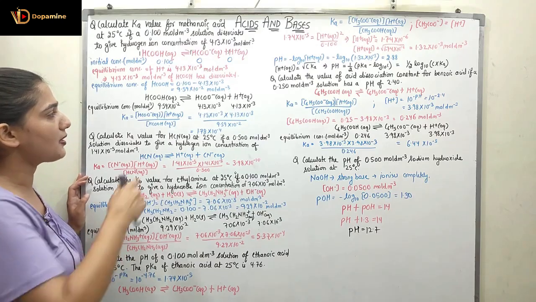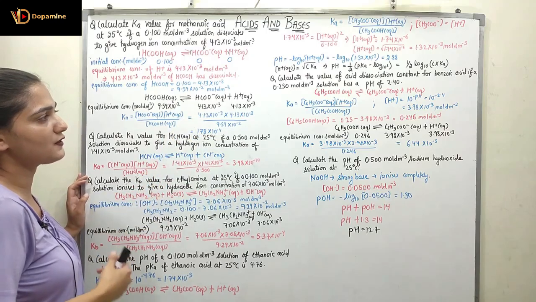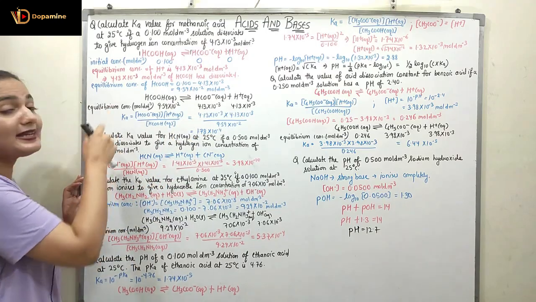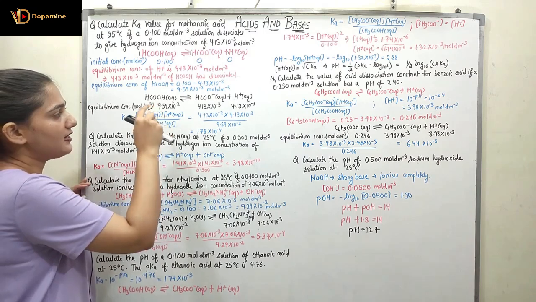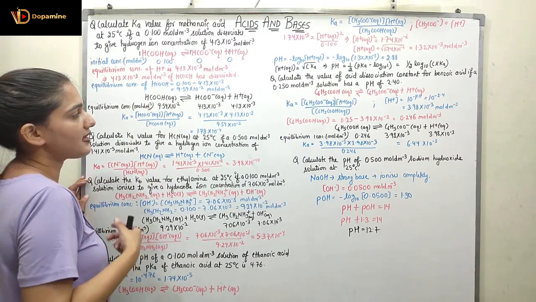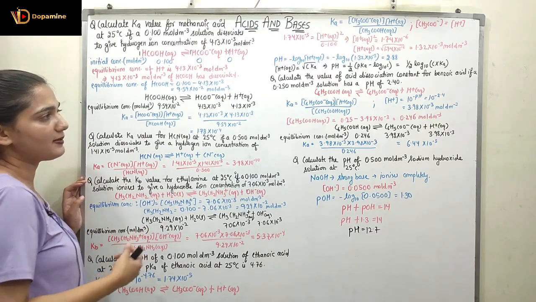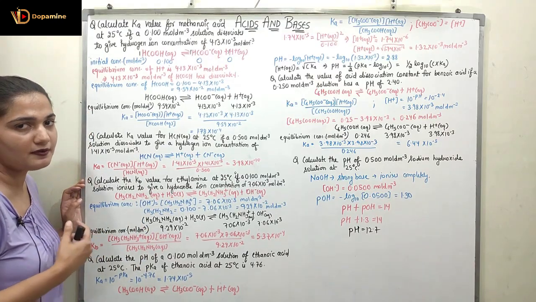So HCOOH in aqueous form is in equilibrium with HCOO⁻ in aqueous form plus H⁺ in aqueous form. So at the equilibrium, what would be the concentration? We had already found out 9.59 × 10^-2 for HCOOH. HCOO⁻ is having 4.13 × 10^-3. H⁺ is again having 4.13 × 10^-3.